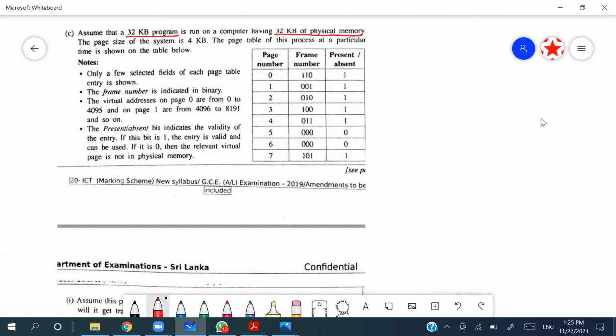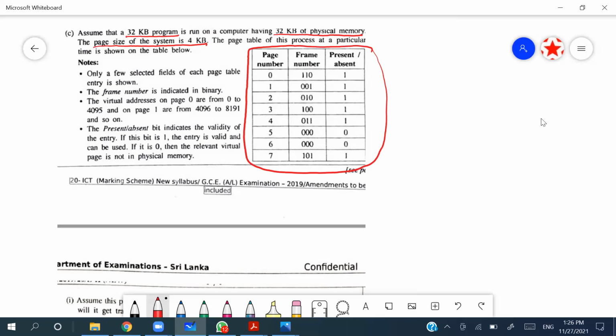The page size of the system is 4 KB. The page table of this process at a particular time is shown in the table below, right? So this is going to be the page table, right? And some notes are given.